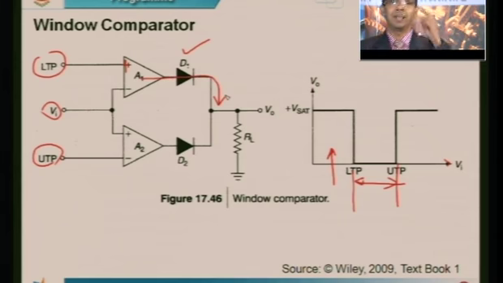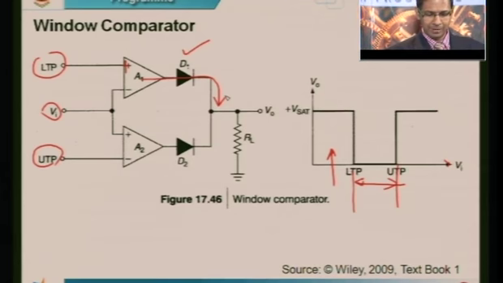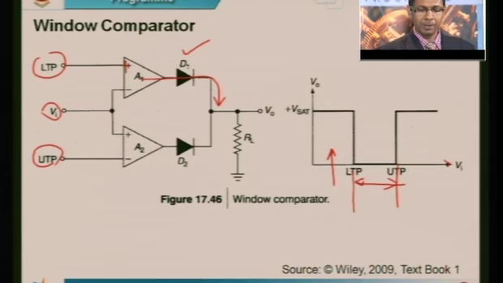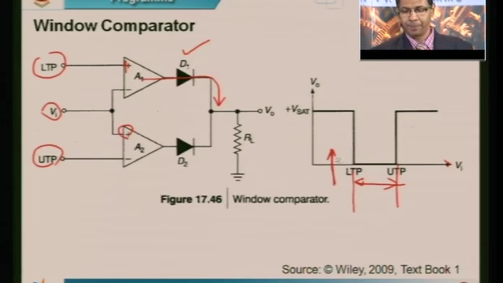Now let us see whether the other op amp comparator also turns on. In this case, the voltage Vi is definitely below the upper threshold point. See here, I am on this side, whereas my upper threshold point is somewhere here. So my Vi is definitely less than the upper threshold point. In this case what happens?